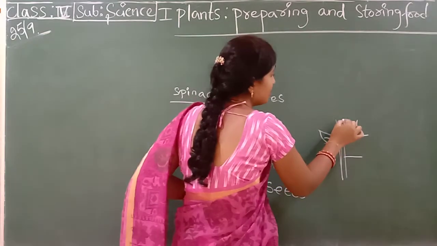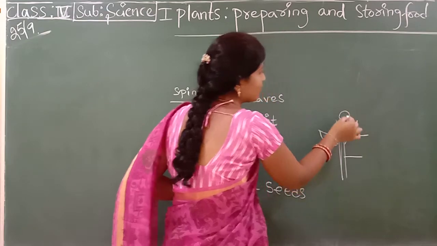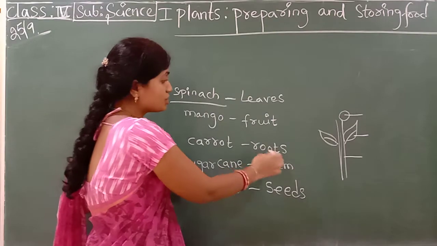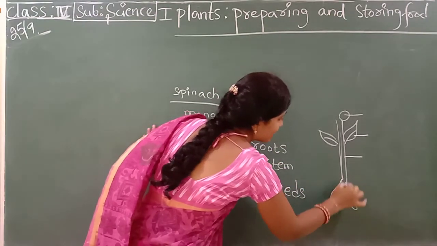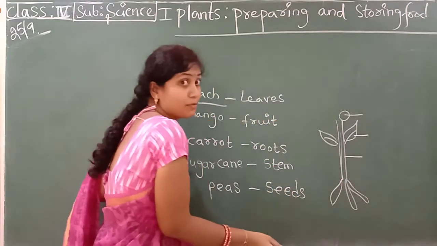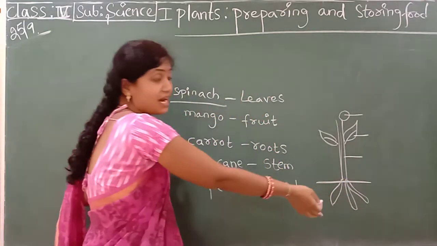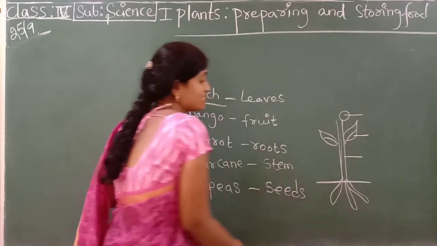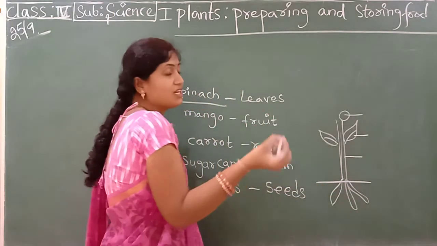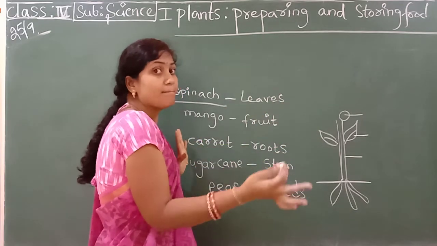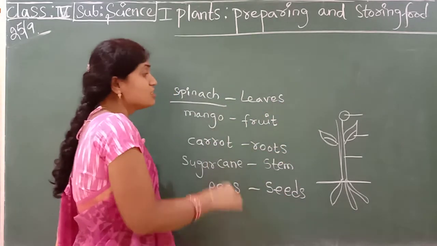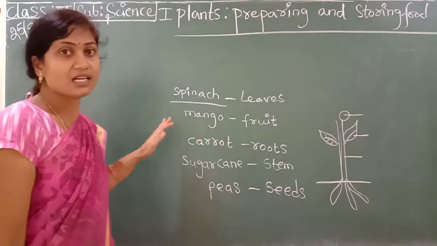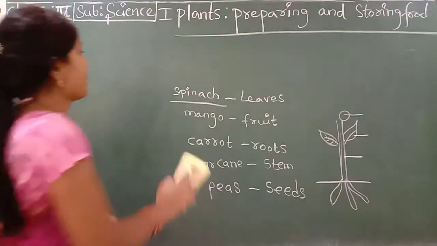Some fruits we also eat, like mango. Next, roots: carrots, radish, beetroot, turnip. These are all underground. Next, peas, seeds. When you sow seeds, they become a plant, and afterward a big tree. Like that we are taking foods. Okay, children, understand? Okay. Next.